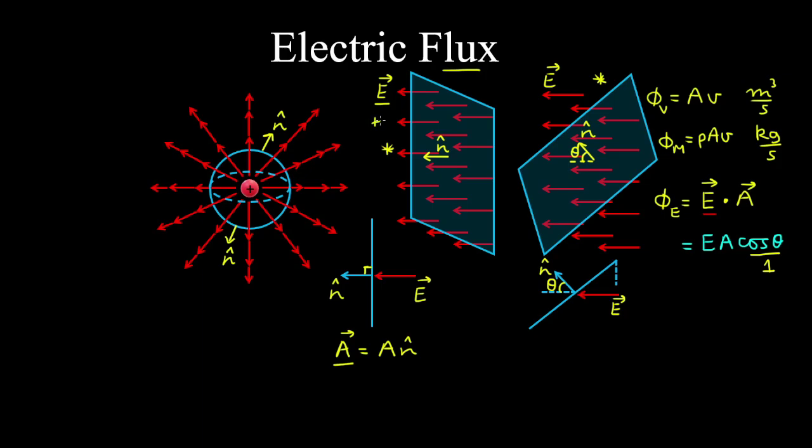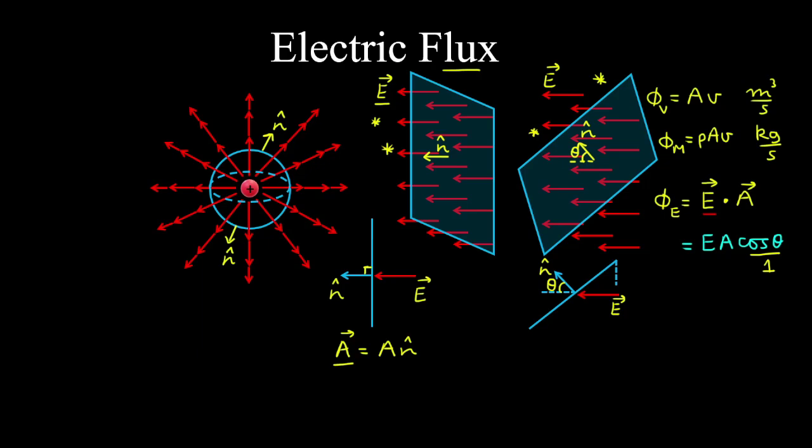So in this case over here, the flux is positive because the electric field vector and the area vector point in the same direction. And the same for this case, because the angle between the electric field vector and the area vector is less than 90 degrees. So both vectors point in the same direction. And note that under electrostatic conditions, this electric field is static, so it's not really flowing through that surface like a fluid.